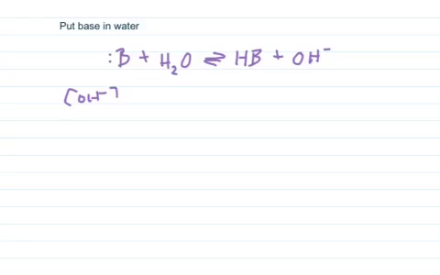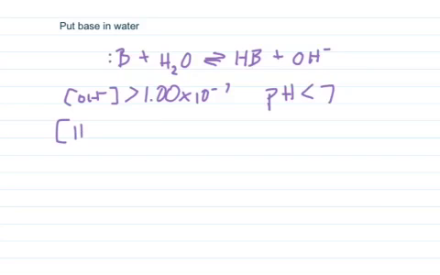Now what happens when we put base in water? The equation would go, our base plus our water is going to form our conjugate acid plus hydroxide. What we find is our hydroxide, OH minus, is going to be greater than 1.00 times 10 to the minus 7th, so pH is going to be greater than 7.